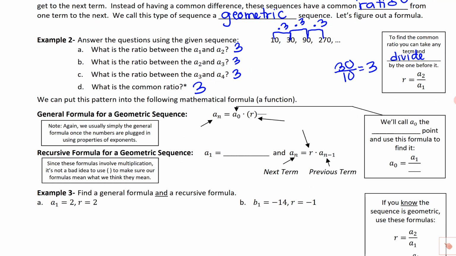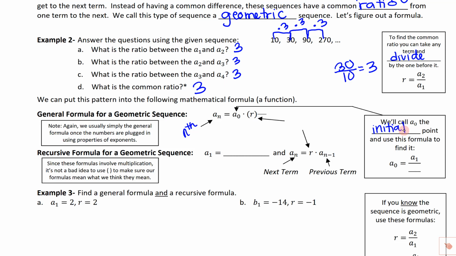Okay, so here's our formula we are going to use. Note that we are definitely going to use the general formula anytime we're plugging something in, just like we did when we worked with arithmetic. So here, the n is standing for the nth term, just like with arithmetic. And then we have a sub 0, and this is called the initial point.